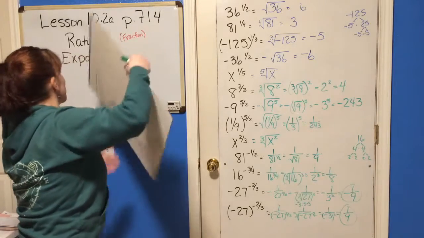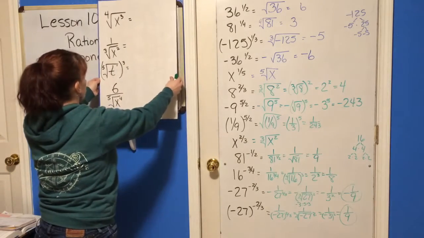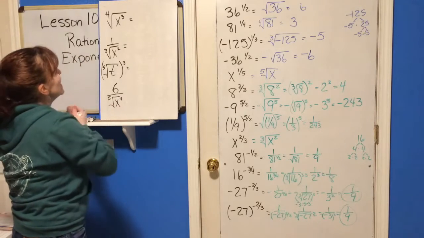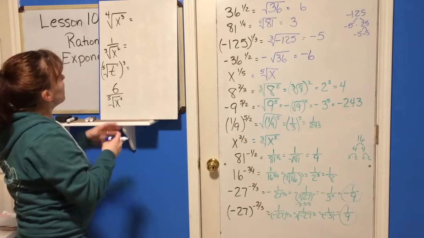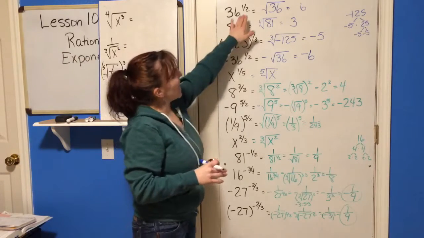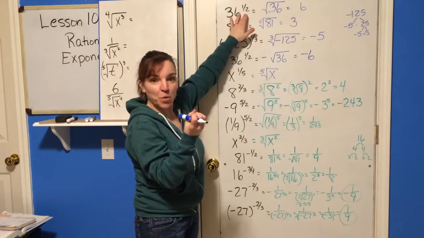This is dealing with problems that just have the variables. All right. So in this case, this is going backwards. With all of these, they gave us the fraction exponent, the rational exponent.